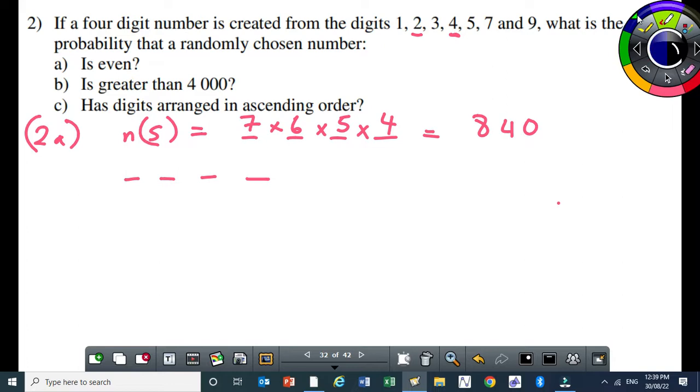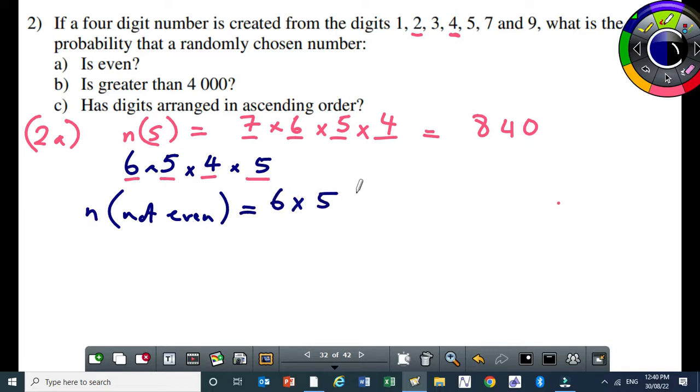Then, if there is no repetition, you are left with 4. Those 4 can be put here, plus the other 2, that is the 2 and the 4, so you end up having 6, then 5, then 4. So here it's n not even. If you multiply the 6 times the 5 times the 4 times the 5, what answer do you get? 600.